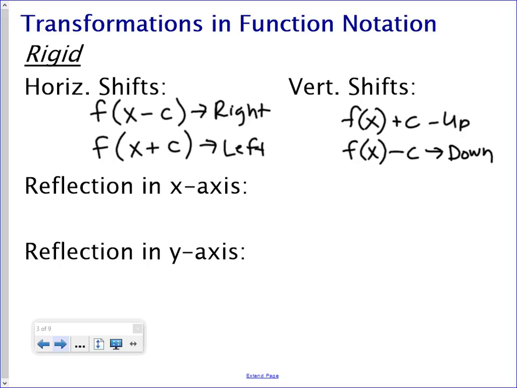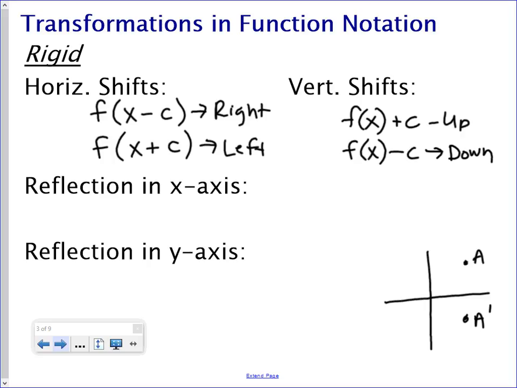Now, I always like to encourage people to think about this visually. And so I'm going to put a point A here in quadrant 1. And if I were to reflect A in the x-axis, then it would reflect down, and my new point A prime would show up in quadrant 4.